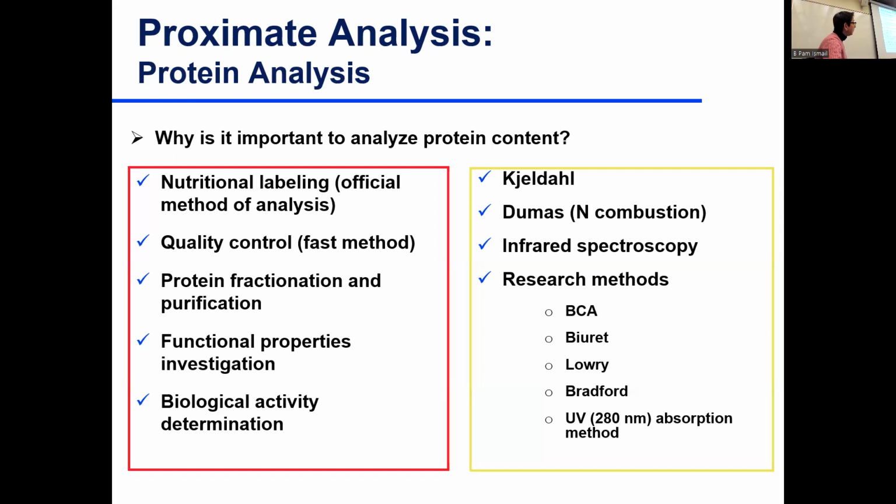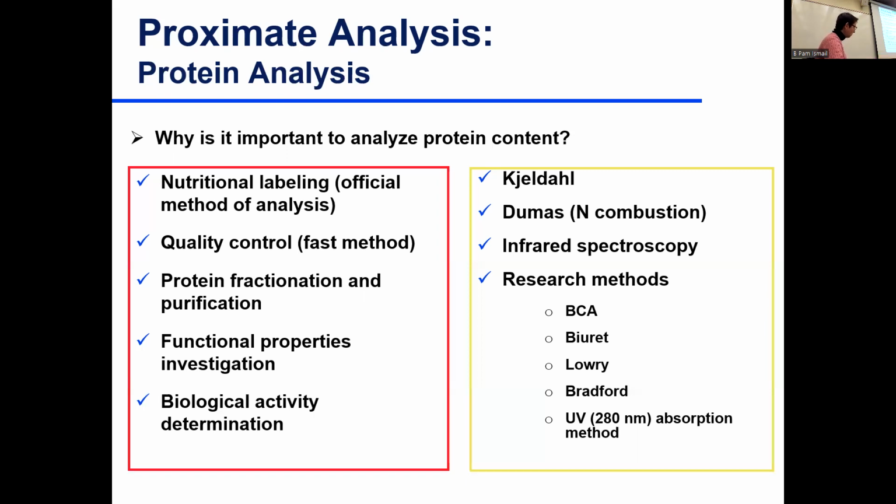Yeah, so there are different methods for analyzing proteins. We have the official methods of analysis, the Kjeldahl and the Dumas. Both are based on nitrogen quantification. These are the official methods used for nutrition labeling.